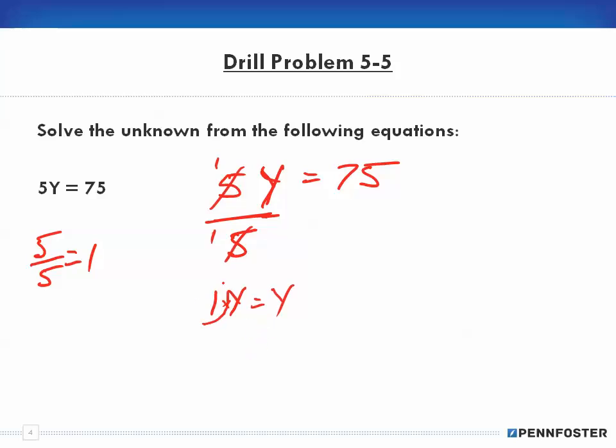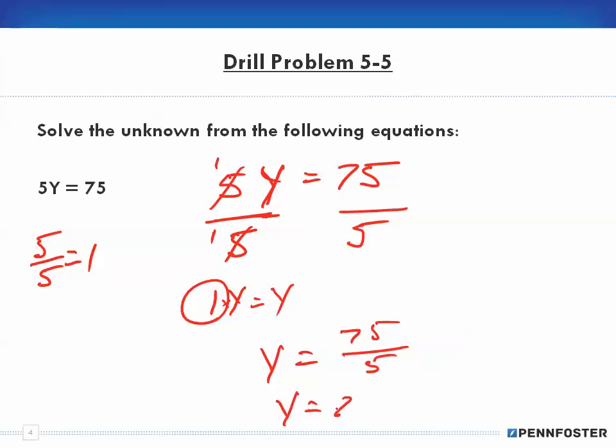I just don't need to write the 1. And what I do on the left-hand side, I have to do on the right-hand side. I'm going to divide 75 by 5 on the right-hand side. So I end up with y is equal to 75 divided by 5, or y is equal to 15. Yep, 15.